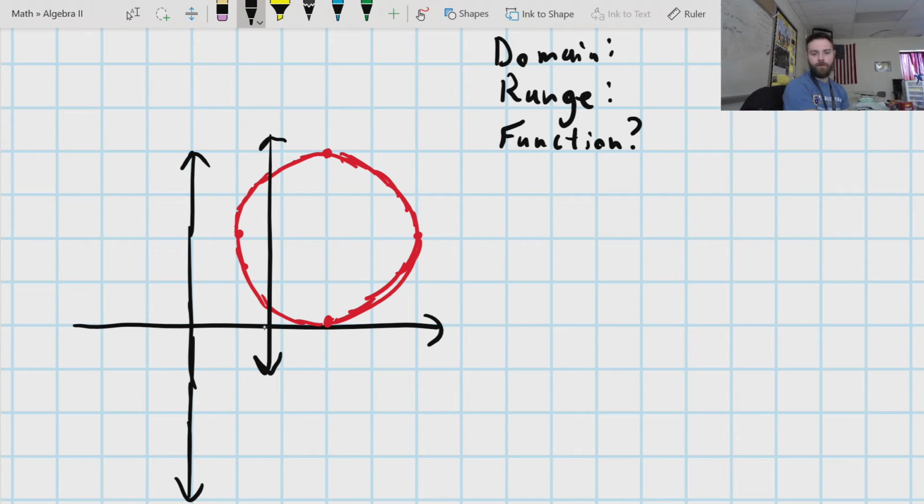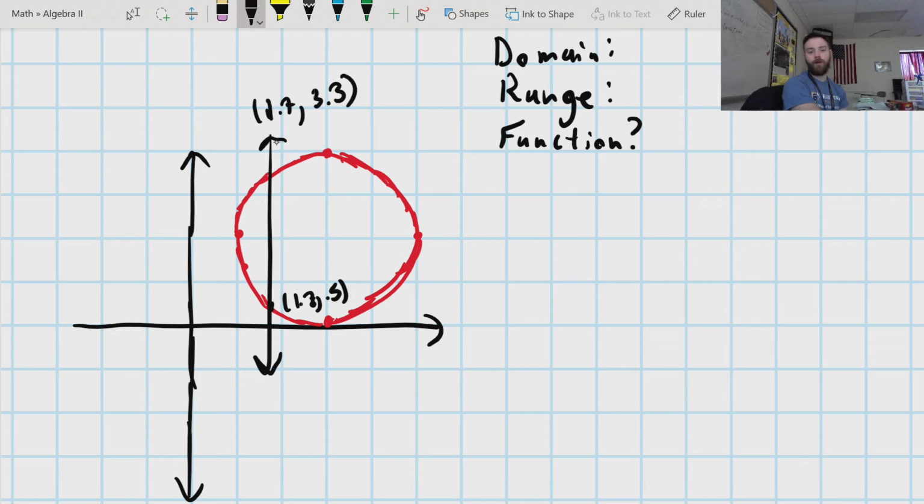If this is 1.7, I can't have 1.7 with 0.5 and also 1.7 with 3.3. I can't have 1 x value that matches with 2 different y values.